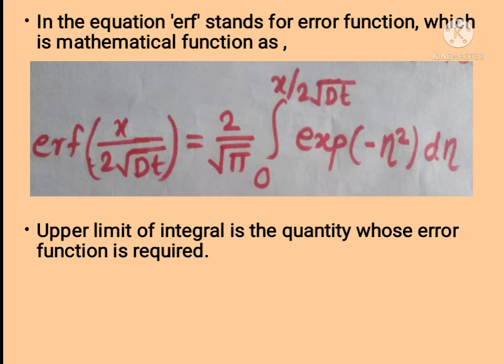Here ERF stands for error function, which is a mathematical function given by 2/√π times the integral from 0 to x/(2√(Dt)) of exp(-η²) dη, where η is an integration variable. The upper limit of the integration is the quantity whose error function is required.